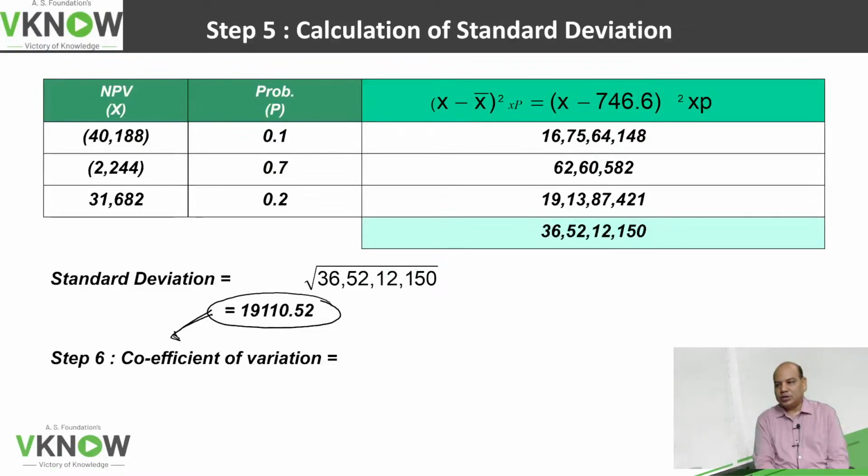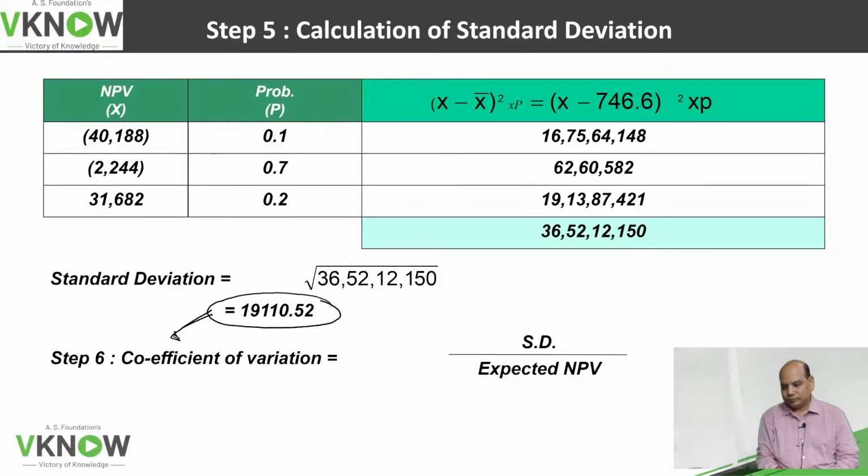Now write down coefficient of variation. Coefficient of variation is equal to standard deviation upon expected NPV. That is 19110.52 divided by 746.6.